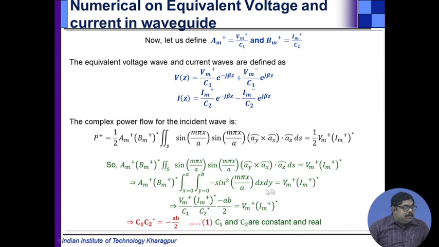This should be equal to the average power, that was the power equivalence part, half Vm plus Im plus star. If you equate that, you get this relation C1 C2 star is equal to minus ab by 2. Now, C1 and C2 are constants and real. So, C2 star will be equal to C2, that means C1 C2 product is minus ab by 2. This is one equation, so we are calling it equation number 1.